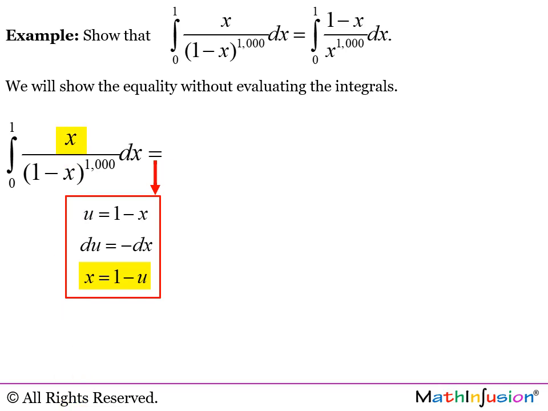So after this u substitution, I also have to make sure to translate the limits of the integration. In the first integral, the limits are for x. When x equals 0, u equals 1 minus 0, which is 1. When x equals 1, u equals 1 minus 1, which is 0. So I'm getting a u integral which is exactly this one.